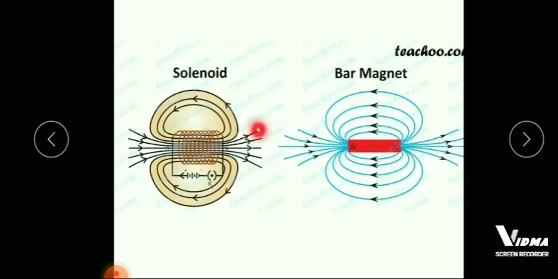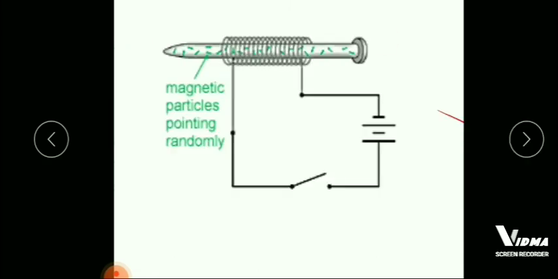There will be a strong magnetic field inside this solenoid, and if we keep an iron nail inside this solenoid, what will happen? This iron nail becomes a magnet.